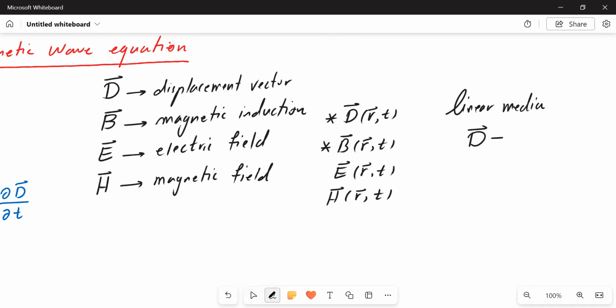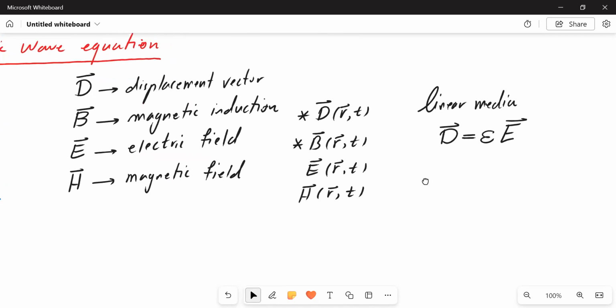D can be given as a scalar factor epsilon times E. Epsilon is called the permittivity of the medium.